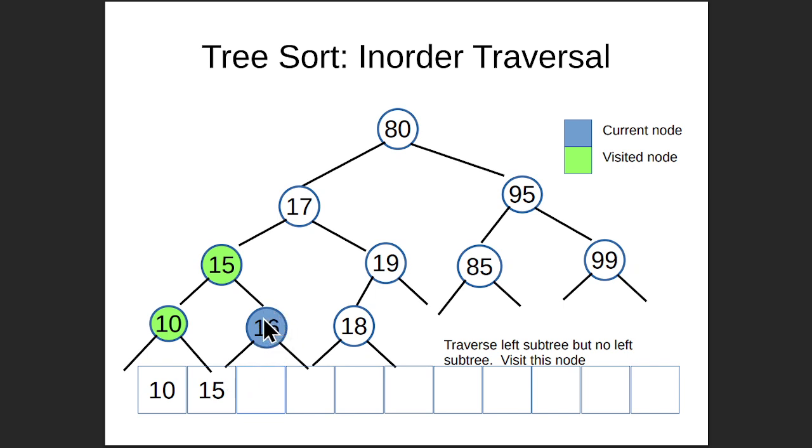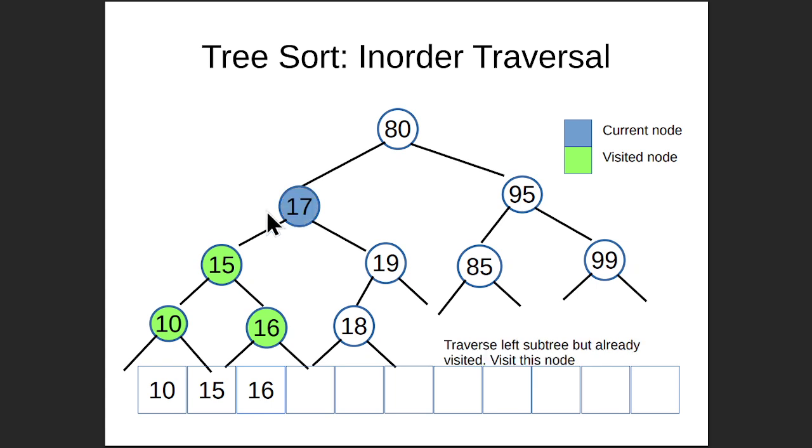Therefore, we visit 16, and then we try to traverse the right subtree of 16, which is also null. So that is over. Then we revert back to 15, which is also visited, so we revert back to its parent, which is 17.